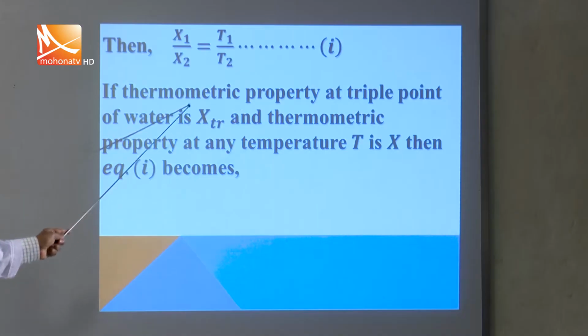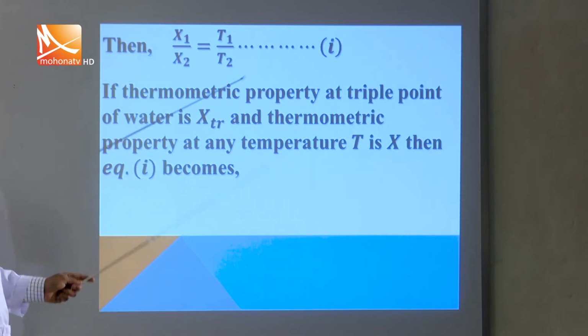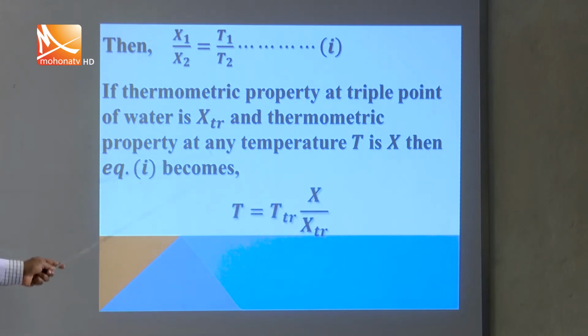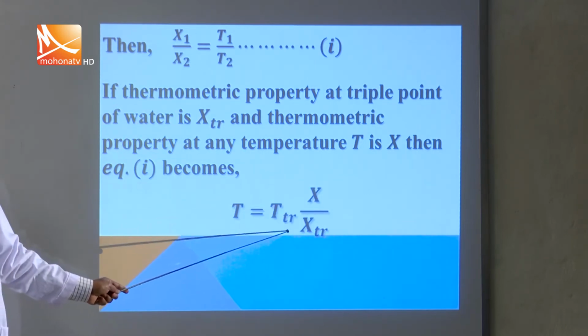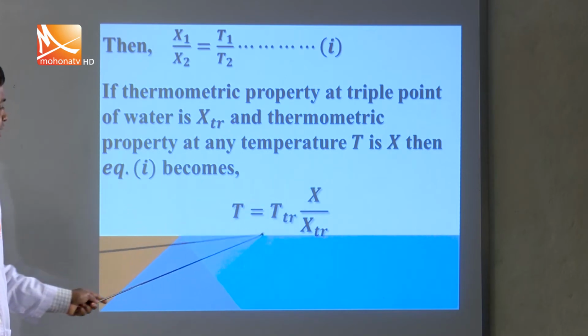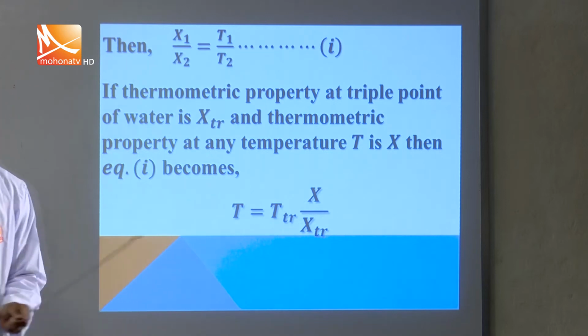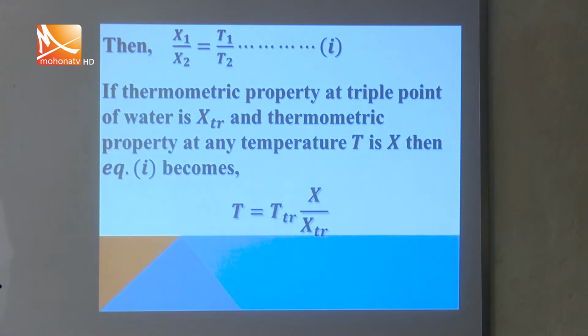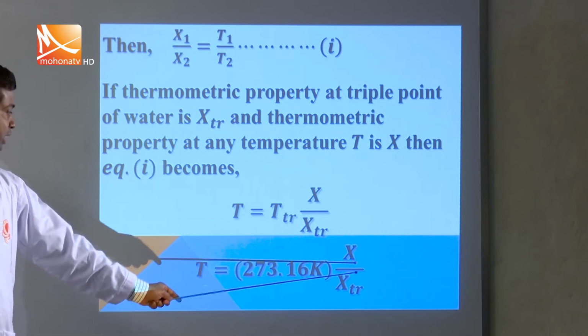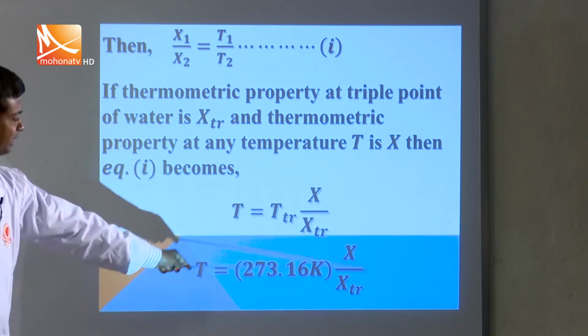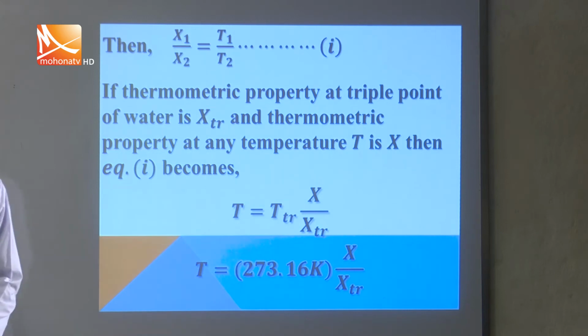So these are the known quantities. Then the equation becomes T equals T_Tr times x by xTr, where T_Tr is the triple point of water, and I have already said earlier, it equals 273.16 Kelvin.